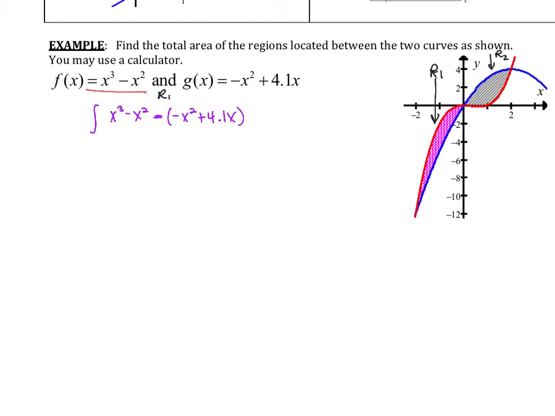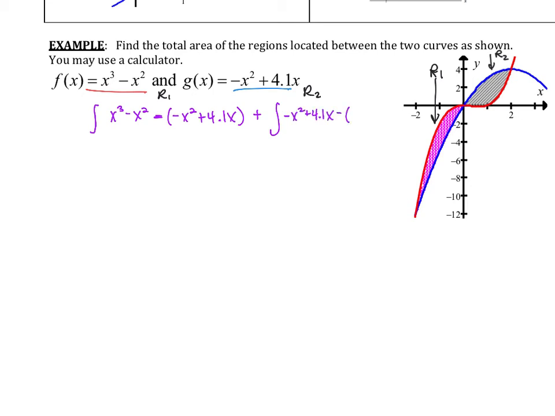Now, I don't want you to type anything in your calculator just yet. I'm going to show you how I want you to put this in. And then I'm going to add to it the area under the curve of region 2. Well, for region 2, which function is the higher function? In this case, that's negative x squared plus 4.1x.